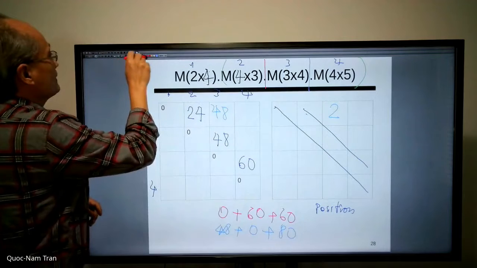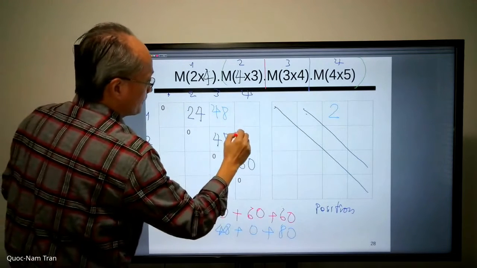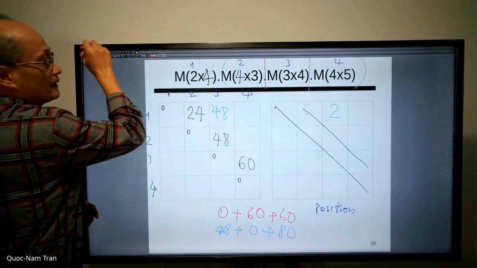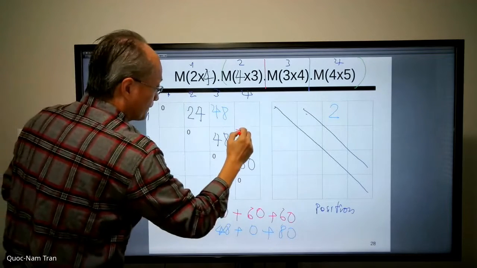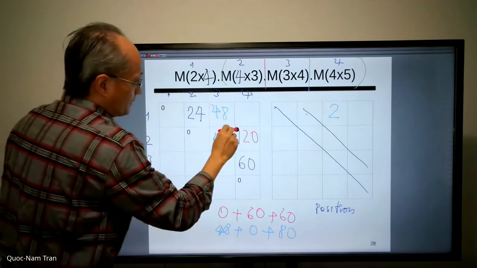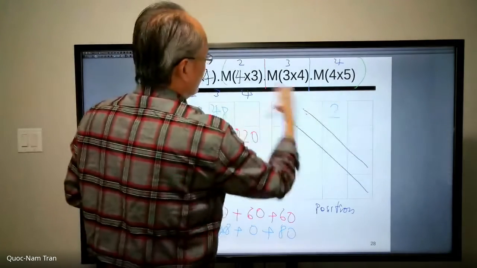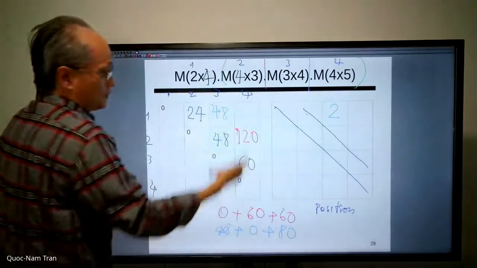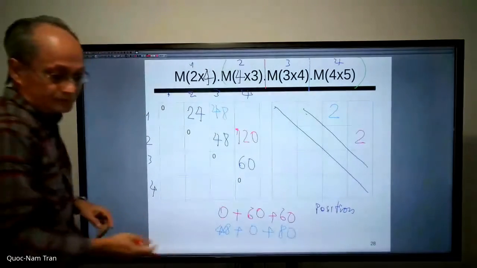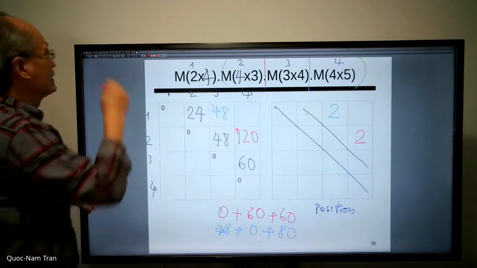So we write here, okay, 120. And then we write here, right? So we break it at 2, right? Okay. Now the last one.